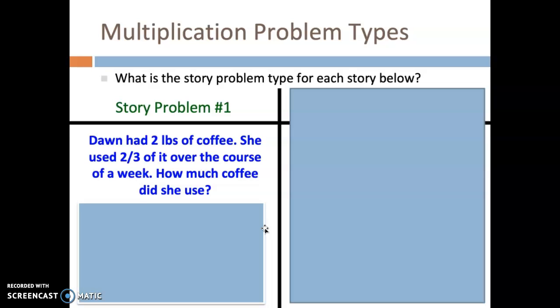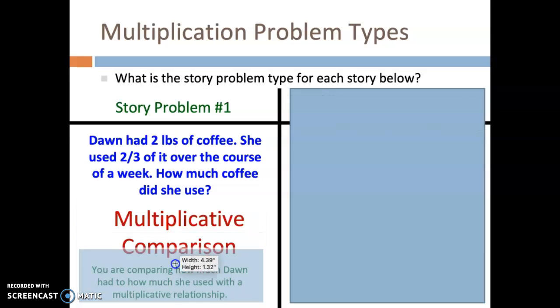Okay, so Dawn had 2 cups of coffee. She used 2/3 of it over the course of 1 week. How much coffee did she use? It's a multiplicative comparison. You are comparing how much Dawn had to how much she used with that relationship.